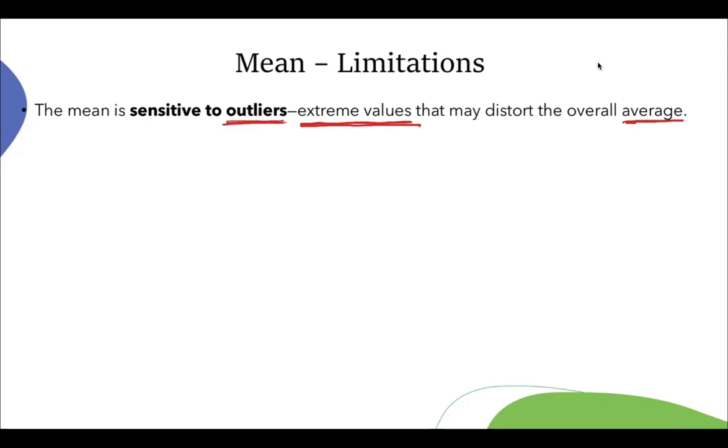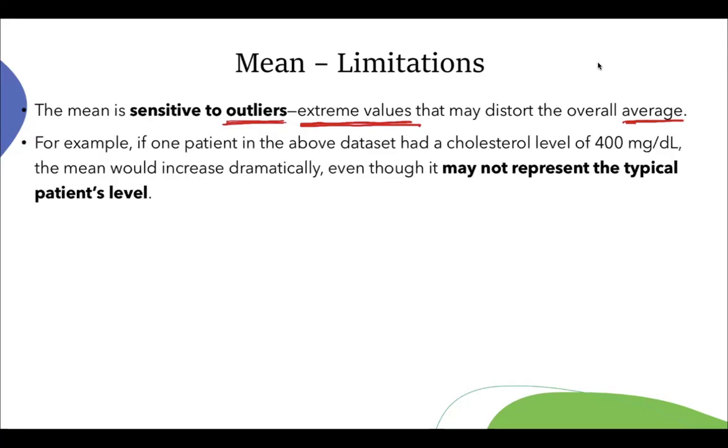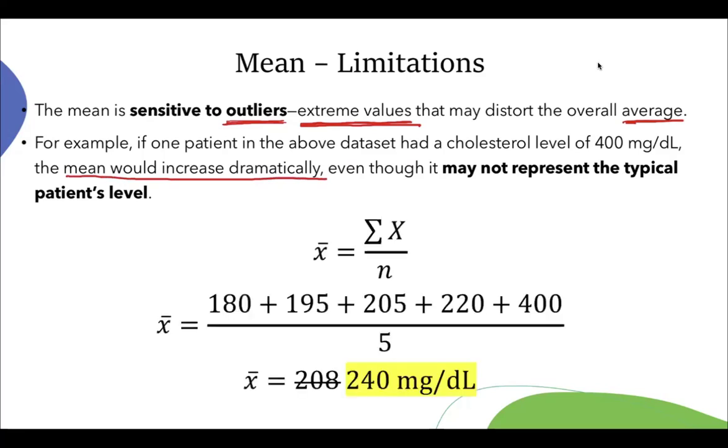So for example, if you have one patient in the data set from before with a cholesterol level of 400, which is extremely atypical, it would increase the mean dramatically, even though it doesn't represent the typical patient's level. So imagine if you were to add 400 in here.